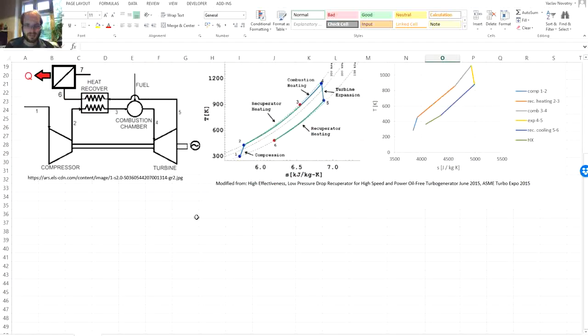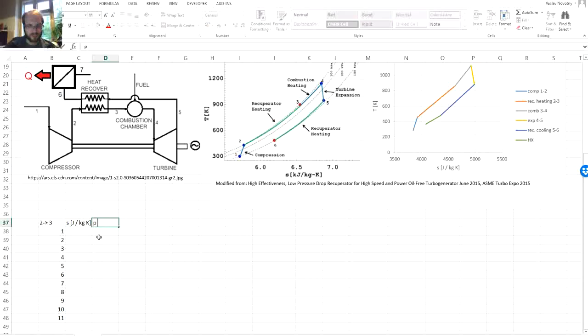So let's start. Let's do it, for example, in here, and start with the change between the points 2 and 3, and let's put in, for example, 11 elements in here, and we will have the entropy in joules per kilogram Kelvin.